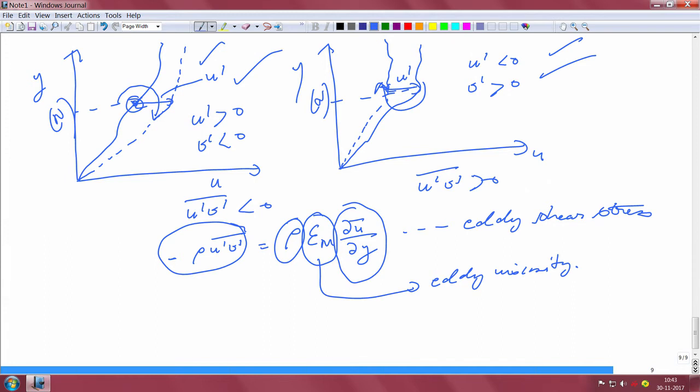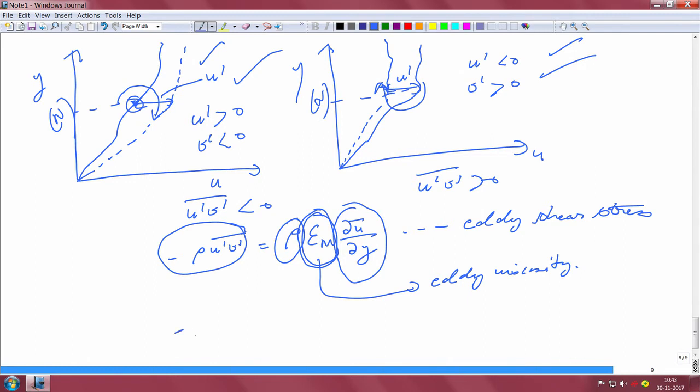So, if somehow I can correlate my u prime v prime bar to this d u bar by dy, then I now have a model equation. And the ingenious part is that this may not be exactly equal to this. Let us put an ad hoc term, which is epsilon m, which we will call the eddy viscosity. So, this is like viscosity, but it is not viscosity. That is the whole point.